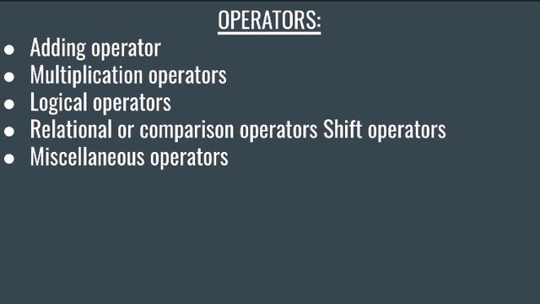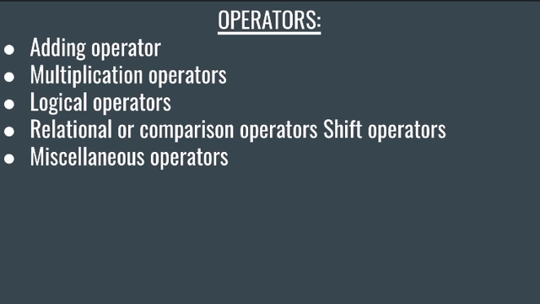So next we have operators. In these operators, we have adding operators, multiplication operators, logical operators, relational and comparison operators, shift operators, and miscellaneous operators. These are some of the operators we have seen in VHDL.